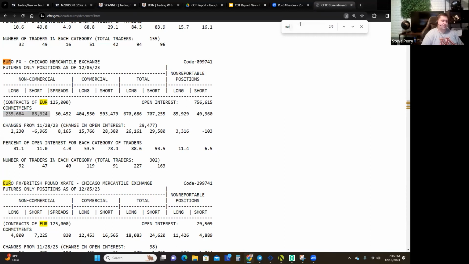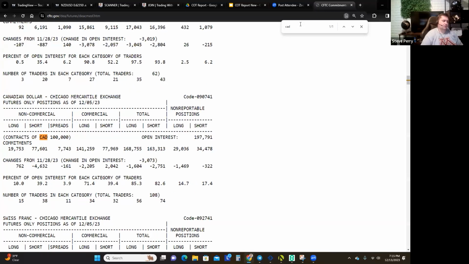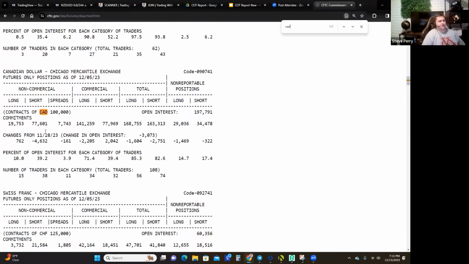Now, if you search for something else, let's say the Canadian dollar, it's the opposite, right? You have almost 78,000 contracts short to almost 20,000 contracts long. So in this scenario with the Canadian dollar, we would probably be looking to go short in general. There's a little more logic to it, but that's the general concept.